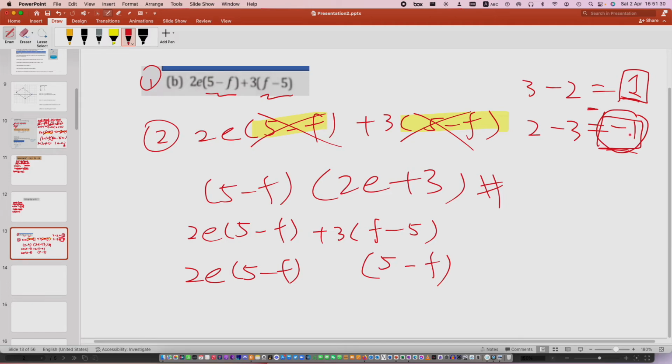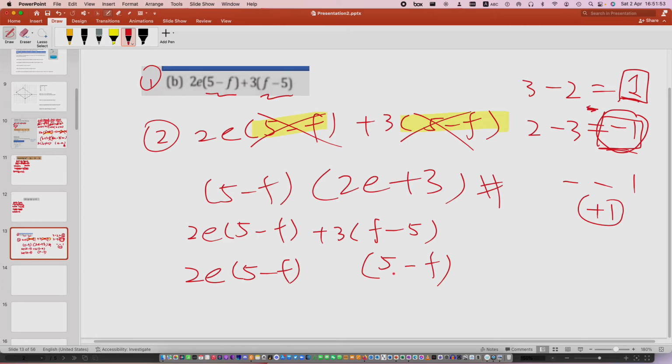Negative negative 1 equals? So you change the position, then you change the value, and you cannot change the value. So you need to do something to counteract. How do you counteract? You give it a minus.